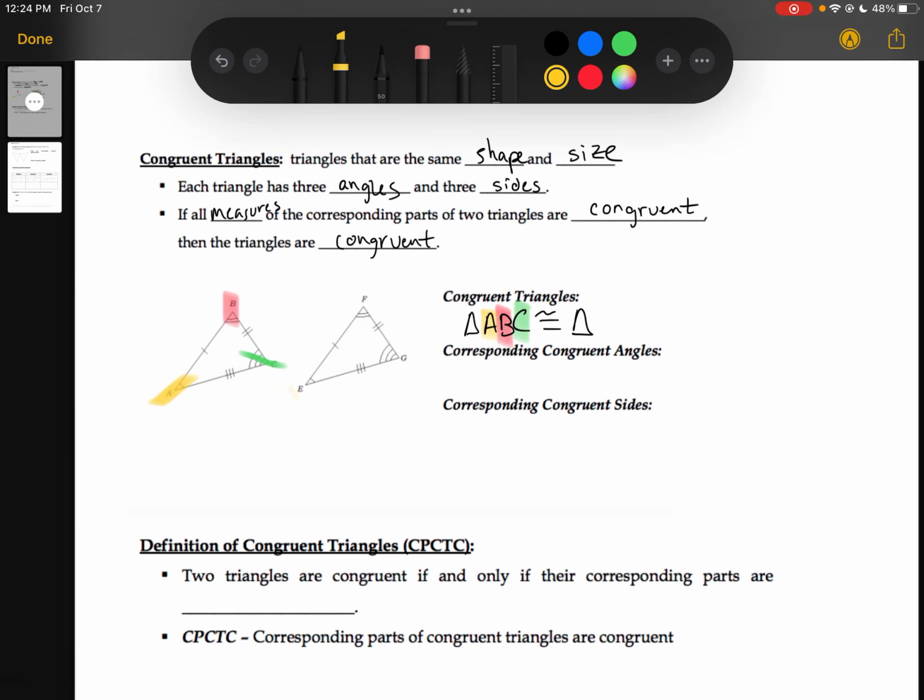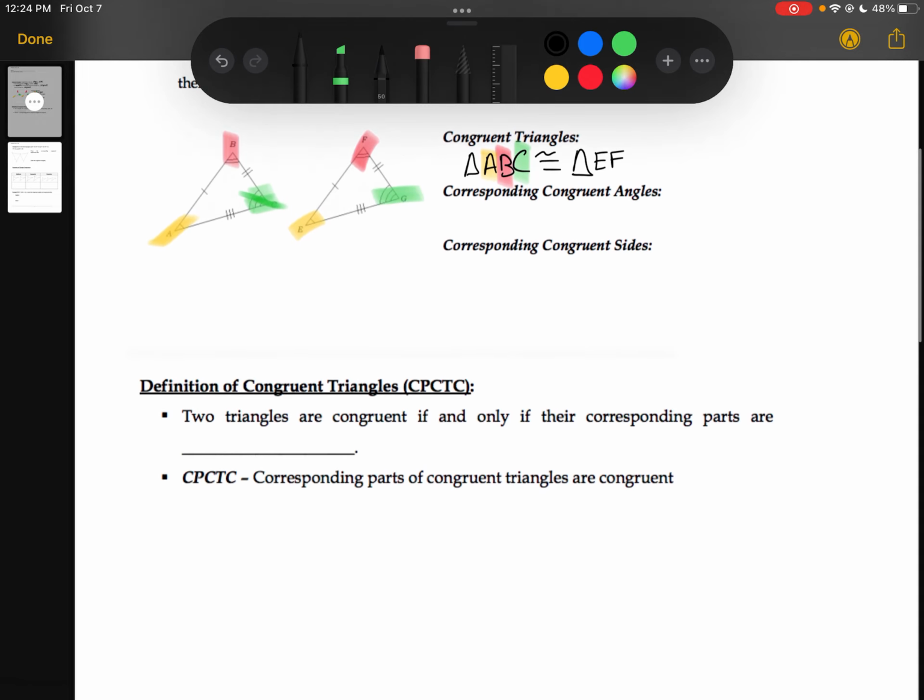Here E has the single dash just like A does, so we know that E must come first. Our second term is red, so we have to find the red term in our second triangle. Here, F has 2 dashes just like B does, so that is our second term. And our third term is either the one left over, or the one with the 3 dashes that matches from C over here. So 3 dashes from C over here is G.